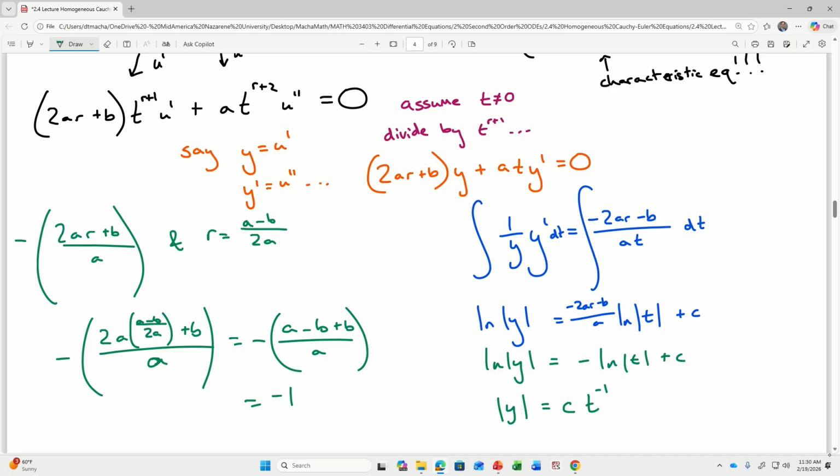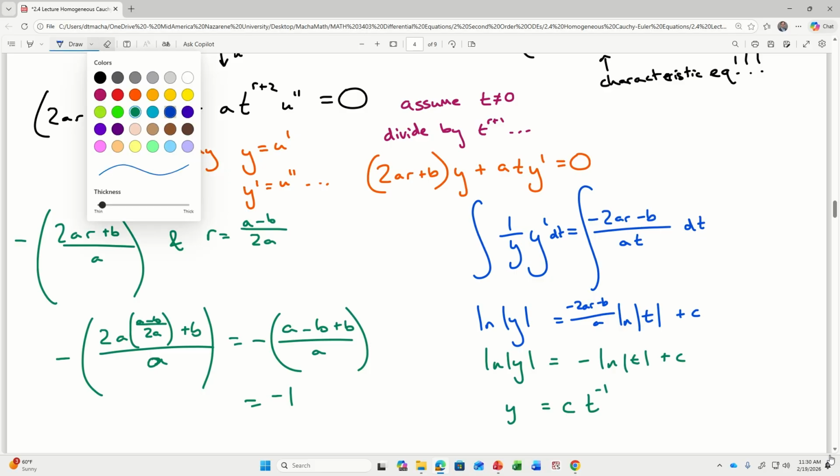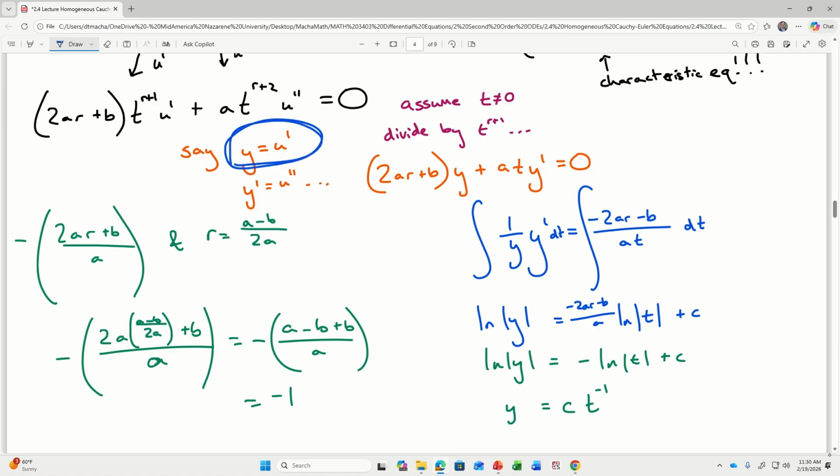And then what we are interested in is not y, but y was just a convenient change of variable. Because look over here, we said that y is equal to u prime. And so if y is equal to u prime, we say u prime is equal to c times t to the negative 1 power. What does that make u? What's the antiderivative of t to the negative 1 power?